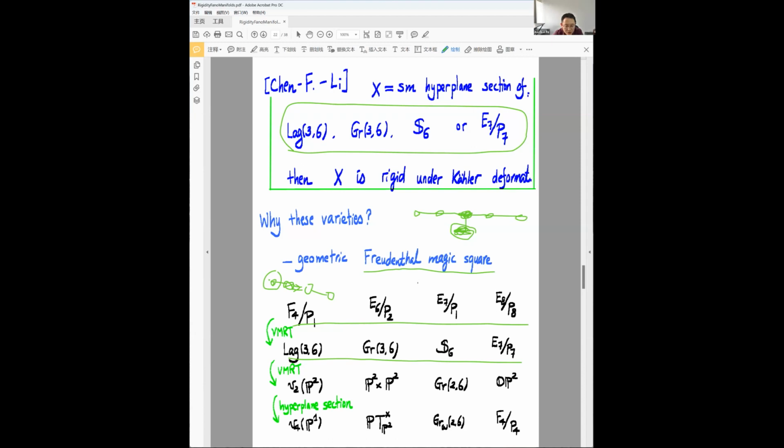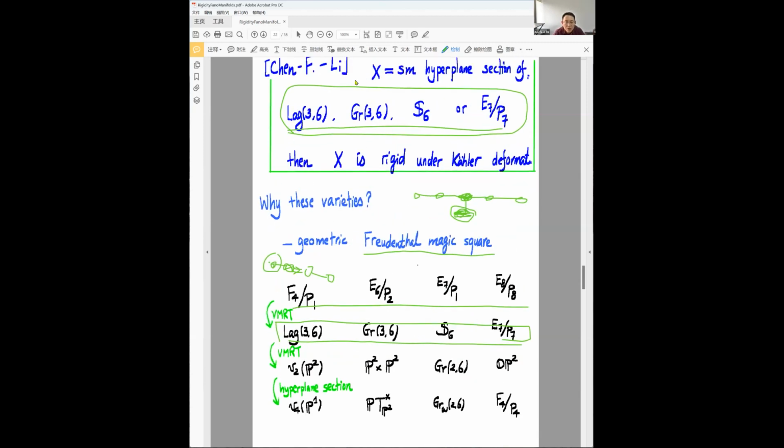You take a hyperplane section, and you get this. What's the most interesting part is that you take a hyperplane section of this third line, and then you get a still rational homogeneous variety. And all these four varieties are these upstairs. The four varieties are just the second line in this magic square. So this is one motivation for these varieties.